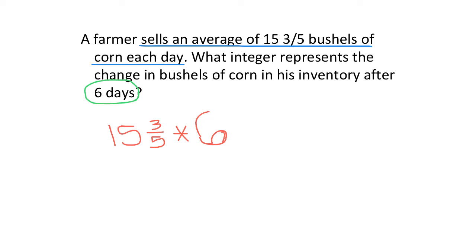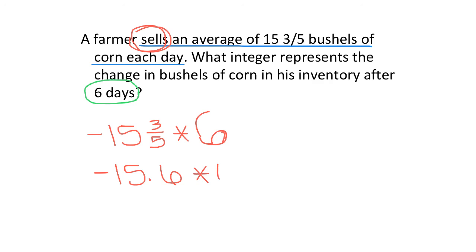But if we notice, he's selling it. So his inventory, if he sells the bushels of corn, is going to go down. His change is negative. 15 3/5 is equivalent to negative 15 6/10.